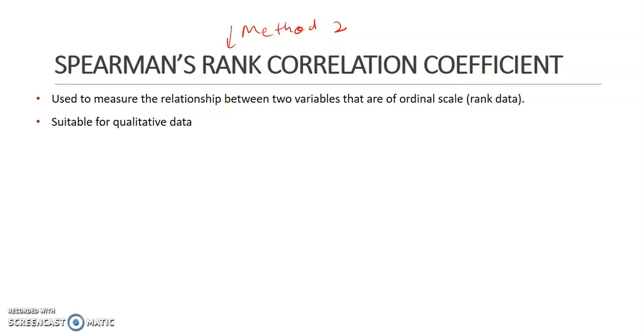Okay, so this method is used to measure the relationship between two variables that are of ordinal scale or rank data. So kalau you ada data yang dah di ranking, untuk cari correlation coefficient, kita akan guna Spearman's rank formula. Okay, this method is suitable for qualitative data.